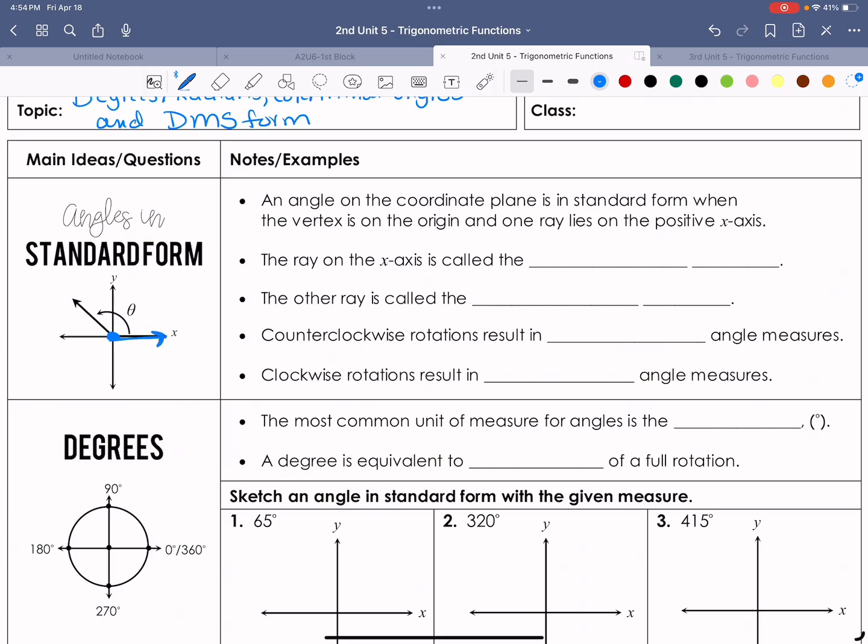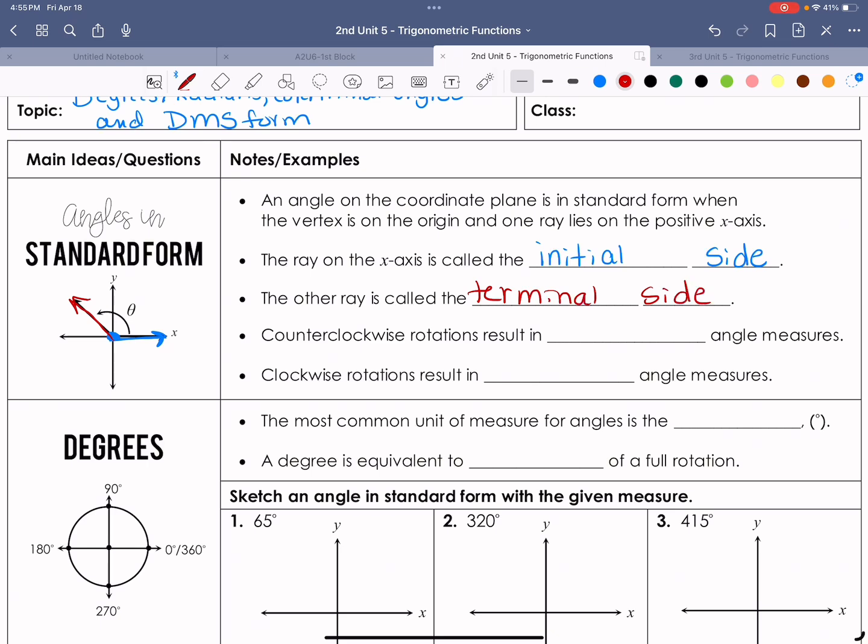The ray that's on the x-axis is called the initial side, because that's where the angle initiates from. Now the other ray, this one over here, is called the terminal side, because that's where the angle terminates or ends.